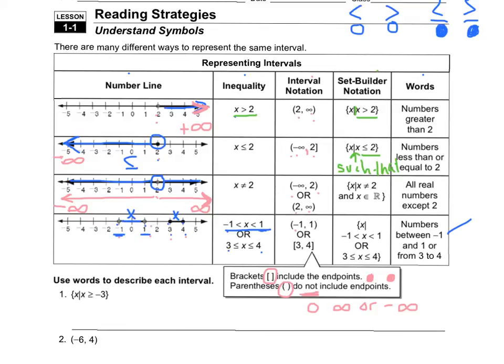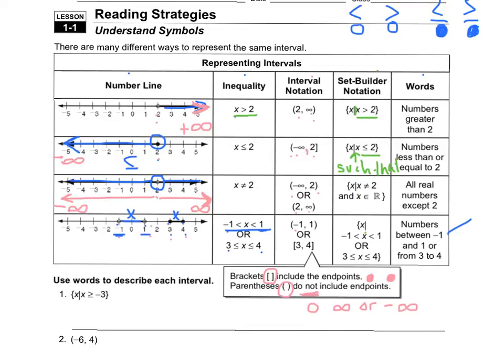So when we read this one, we say the set of all x's such that x does not equal to, and x is an element of the real numbers, because we highlighted the real number line. The last one would say the set of all x's such that x is in between -1 and 1, or x is in between 3 and 4.